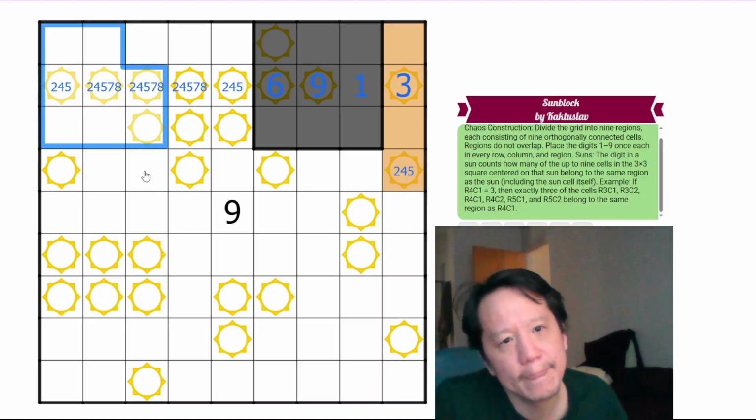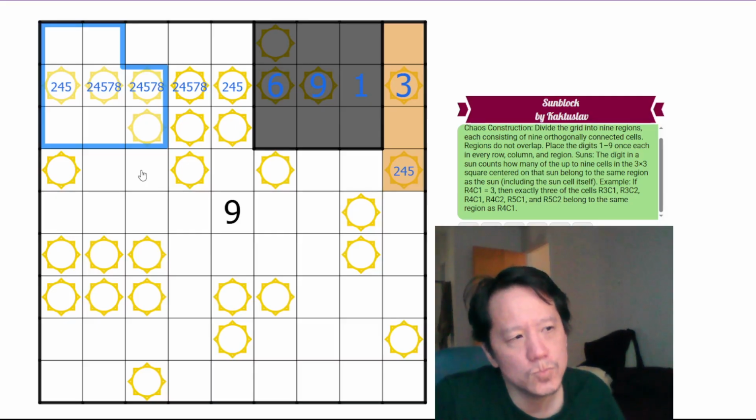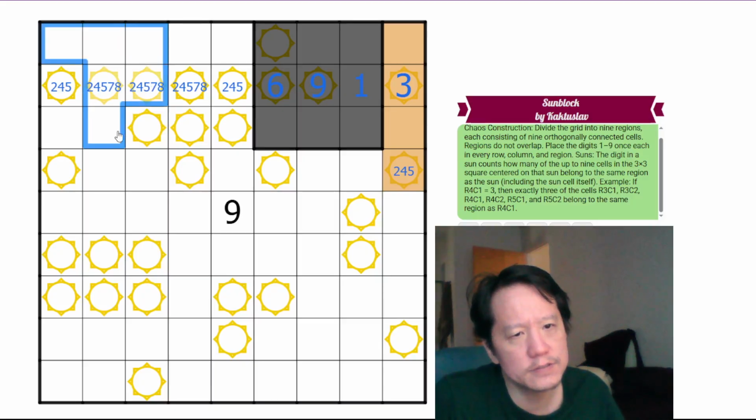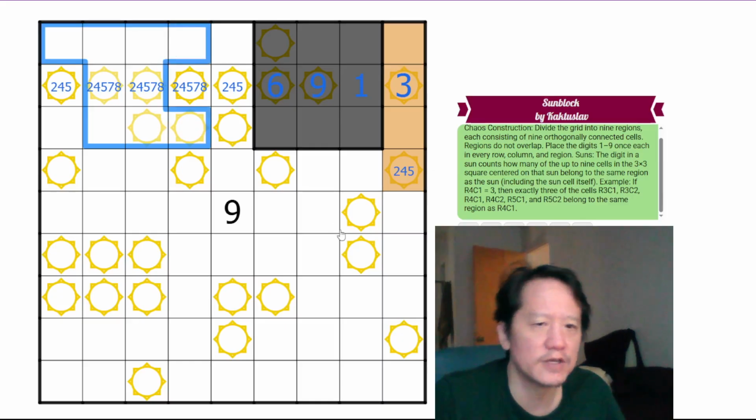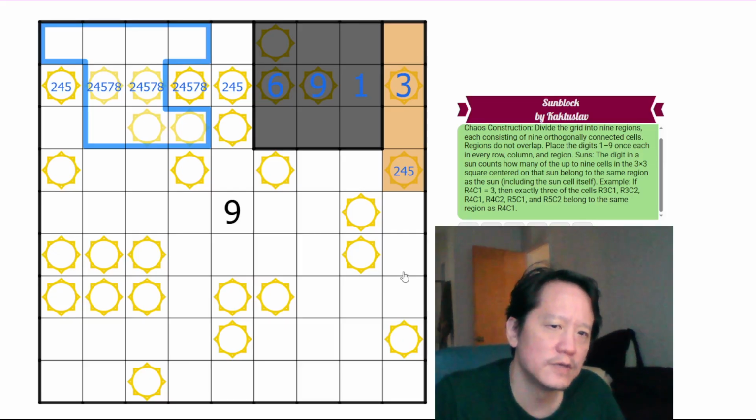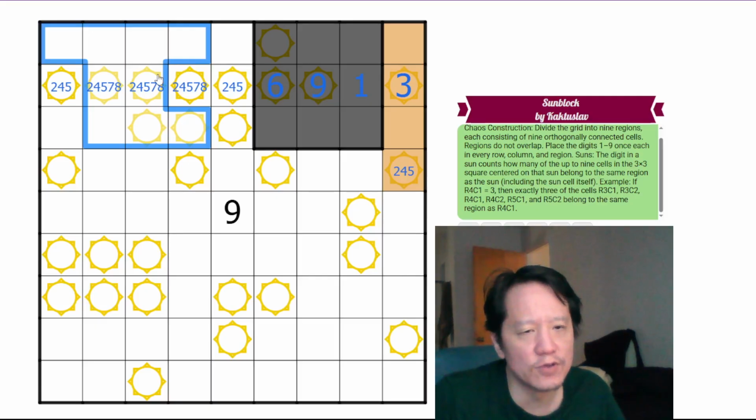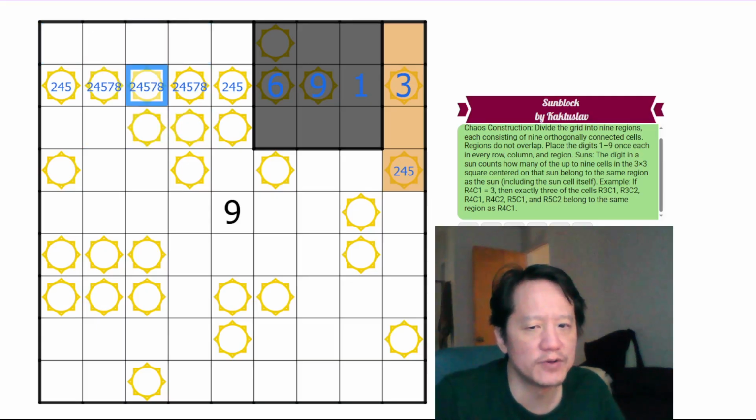Okay, which means you'd have... Could you have something like that? I don't think so, right? So 8 and 7 have to overlap, which means this is 7 or 8 here.